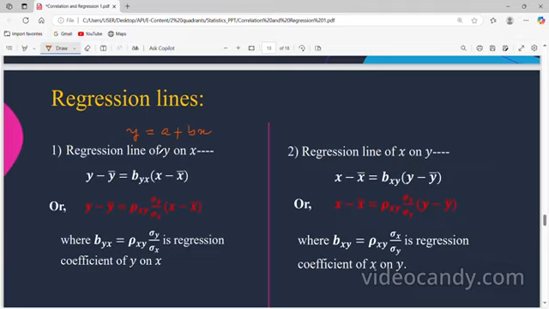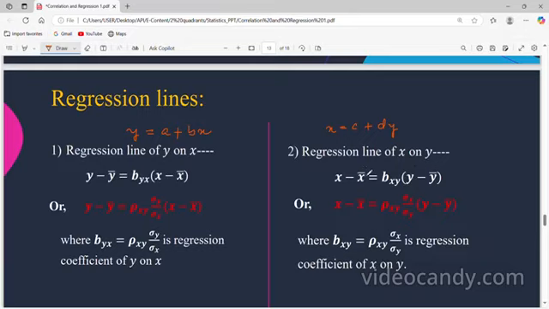On the other hand, when x is taken as dependent variate and y as independent variate, then the regression line of the form x equal to c plus dy is called the regression line of x on y, and this is used to estimate the value of x when that of y is known.